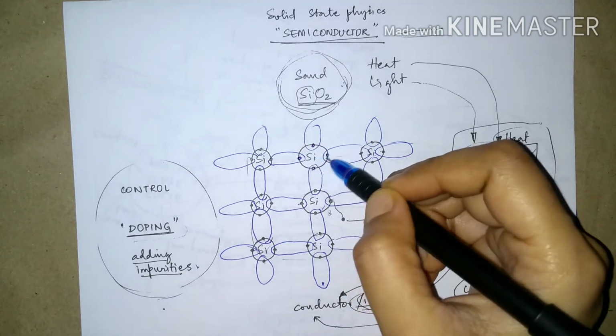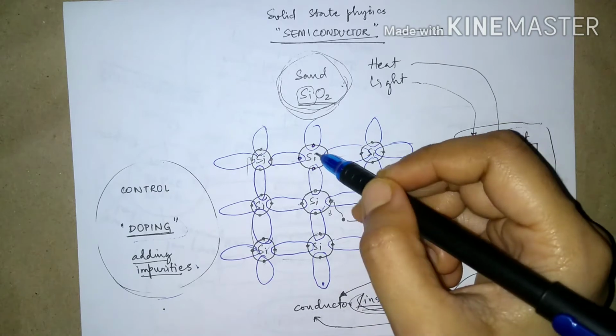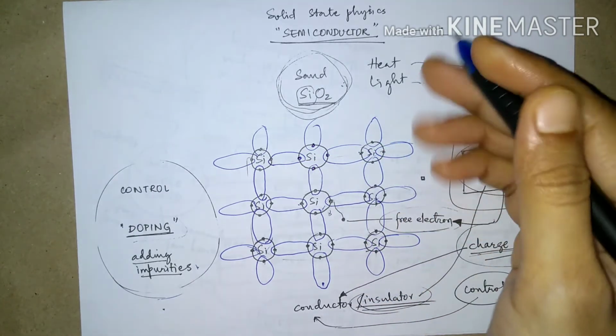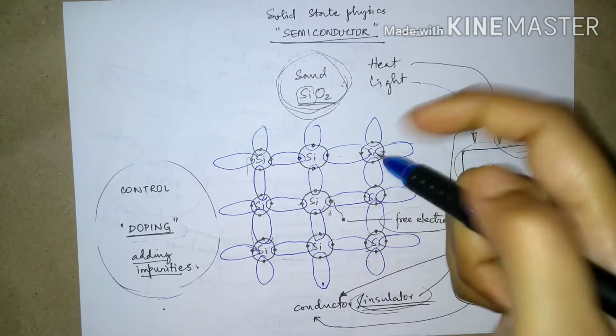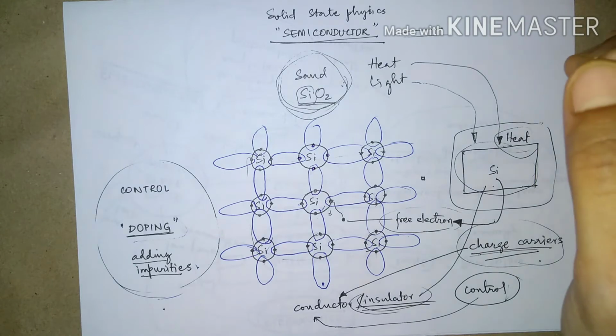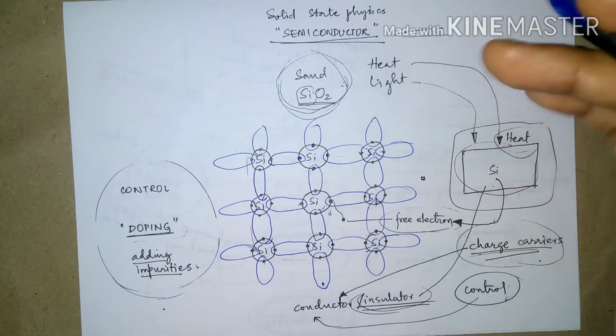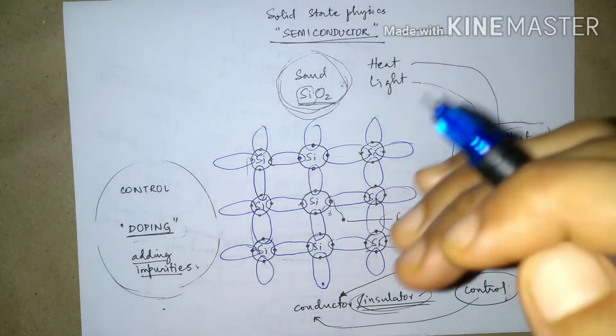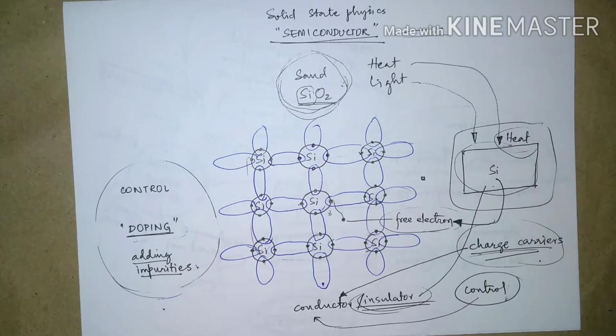Those 4 valence electrons bond with the other atoms nearer to it, and then all those are stabilized, neutralized, their stomach is full, they are not looking for any electrons, they are not trying to give out any electrons, they are happy, satisfied and at rest.